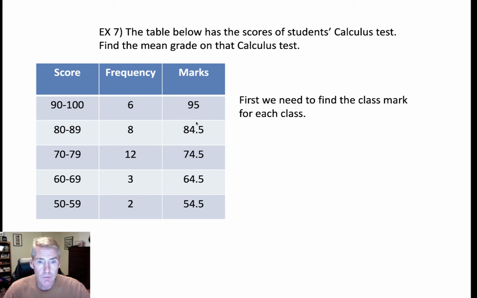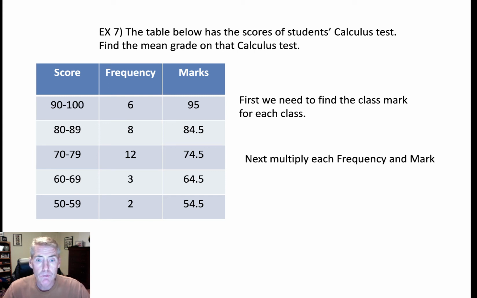I did that, and I put them over here in this column. So basically you're saying, here are these people that got A's. I don't know if they got a 90, a 97, so what I'm going to do is just use the average and say all 6 of those people got 95. If you multiply the 6 times 95, that tells you how many points were earned by the people that got A's.